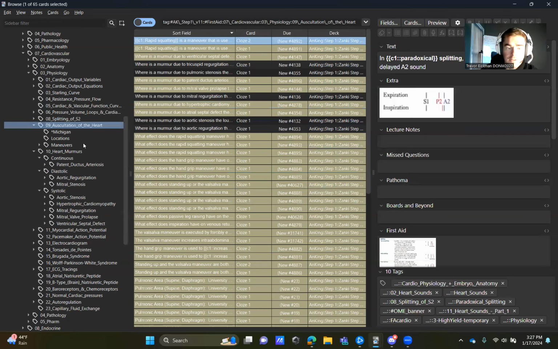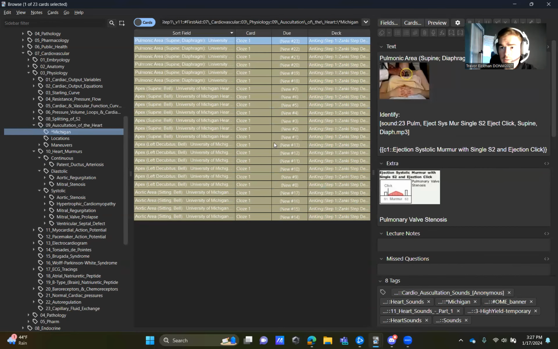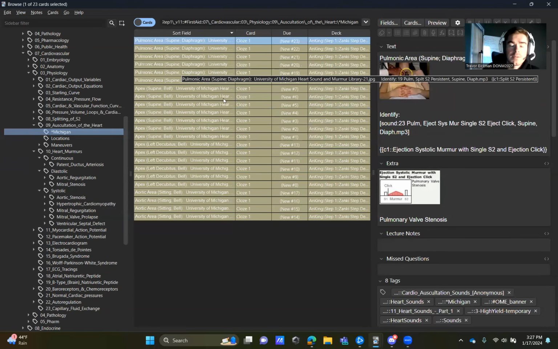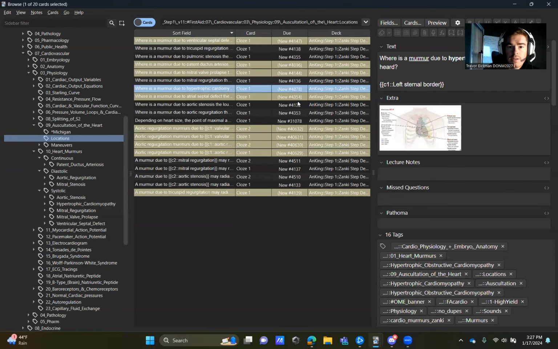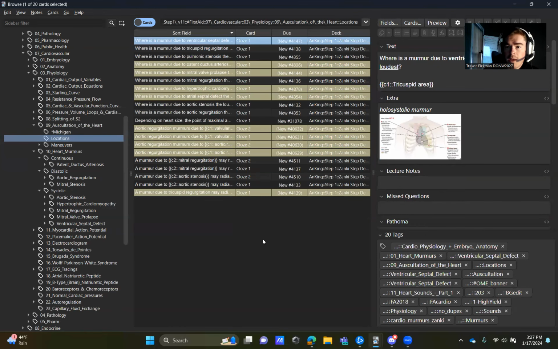And then we're going to go into auscultation of the heart. Here's a bunch of sounds. If you want to listen to them, I believe I mentioned these in a previous video, but here they are again. If you want to activate them, go through them and activate them. They might be good, but I'm going to use the link that was posted for both CMR as well as in that lecture we had today. Locations, this is what I did here. The first was not activated, but you can follow a similar pattern.